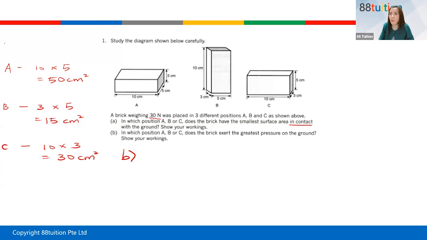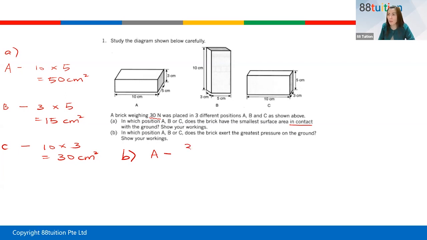Okay, and then we go to part B. In which position, A, B, or C, does the brick exert the greatest pressure? Okay, show your working. All right, so let's try to be more hardworking. We are going to calculate pressure for all positions. So pressure equals force over area, right?